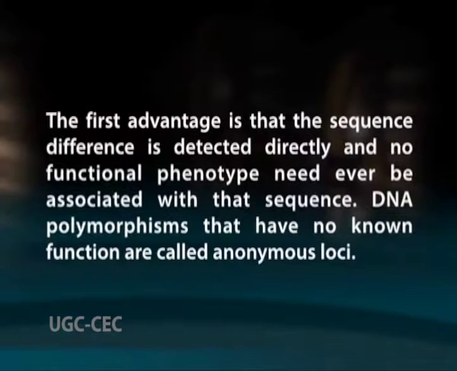DNA polymorphisms have two advantages over conventional functional mutations. The first advantage is that the sequence difference is detected directly and no functional phenotype need ever be associated with the sequence. DNA polymorphisms that have no known function are called anonymous loci.